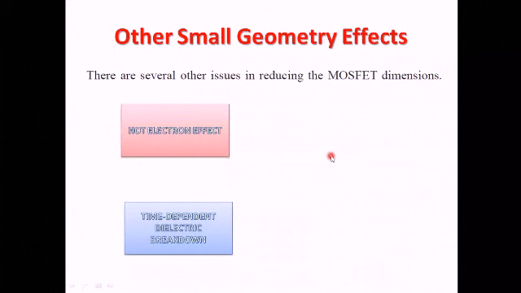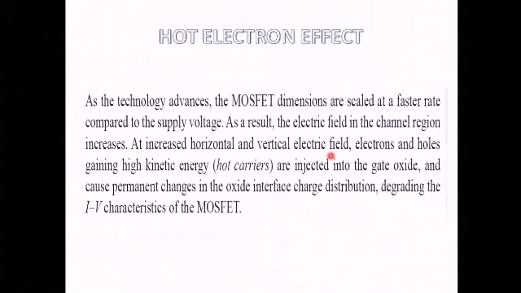So let us go to the hot electron effect. As the technology advances, the MOSFET dimensions are scaled at a faster rate compared to the supply voltage. As a result, the electric field in the channel region increases.